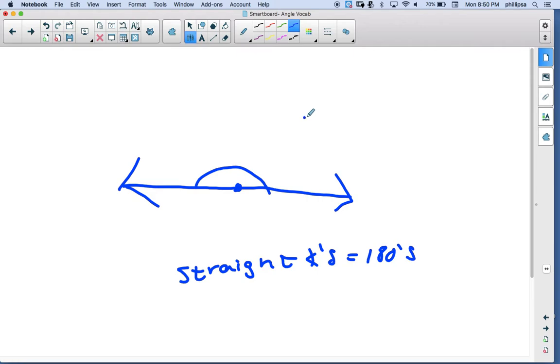Anything over 180 can be mistaken for being an acute angle as well.